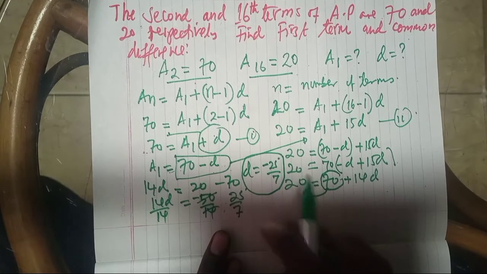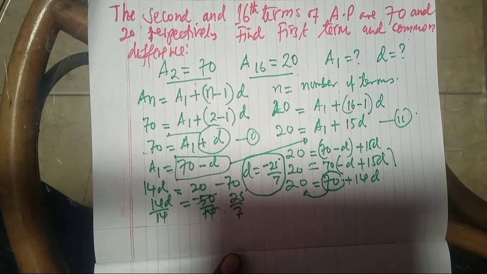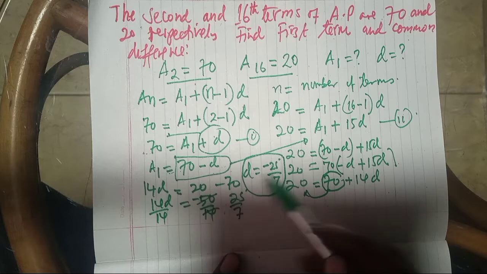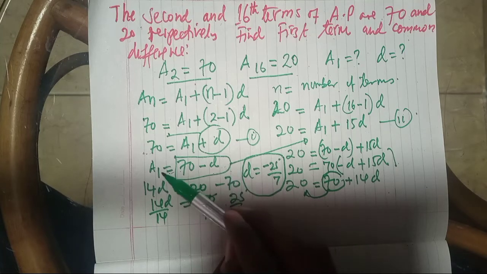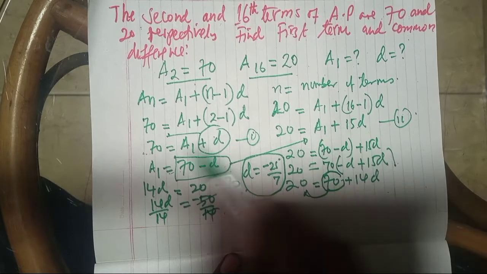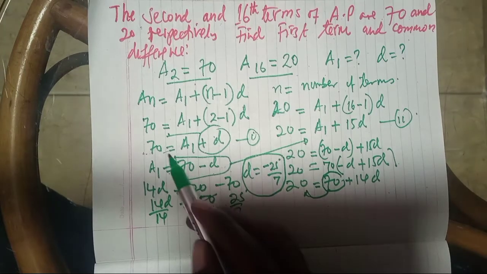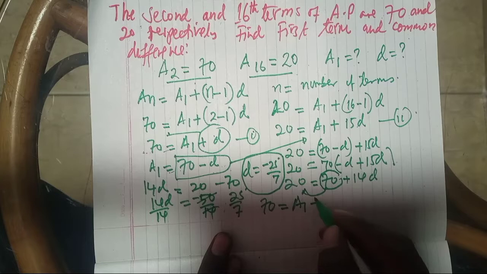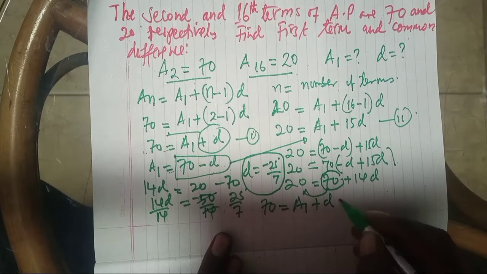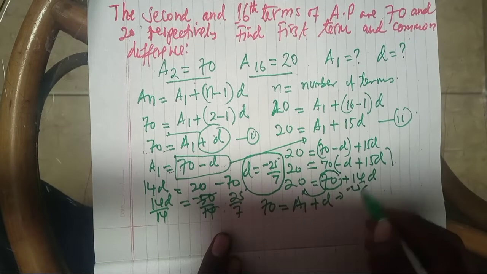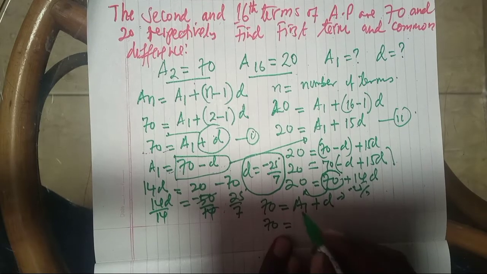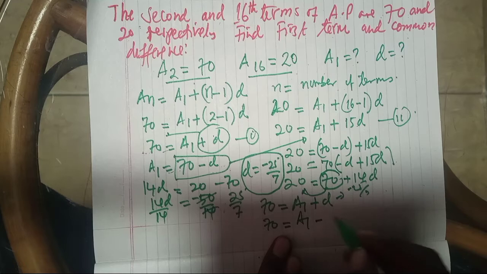Then once we have got the value of D, we are interested in knowing the value of A1. We may choose one of the equations. From this one, we have 7 is equal to A1 plus D. But remember D is the value we found, so 7 is equal to A1 plus that negative fraction.